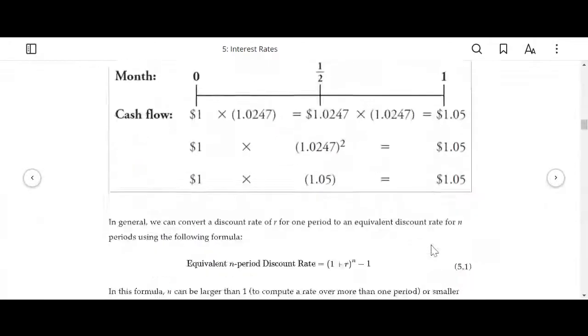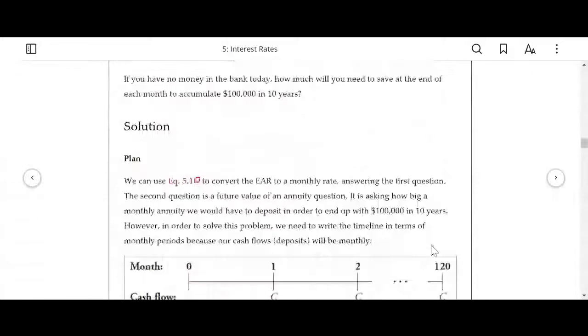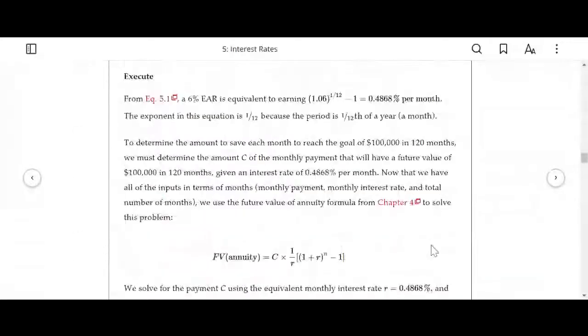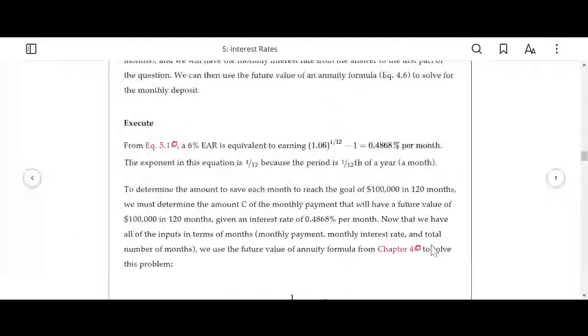So one of the things we have to understand is that when we do an EAR, and we're trying to calculate interest like 6%, and it's monthly, in our calculator, we have to convert the interest.